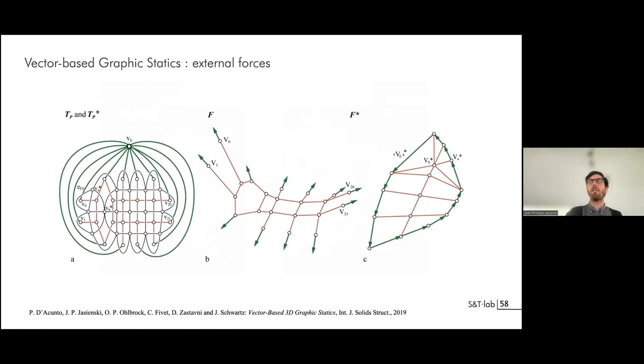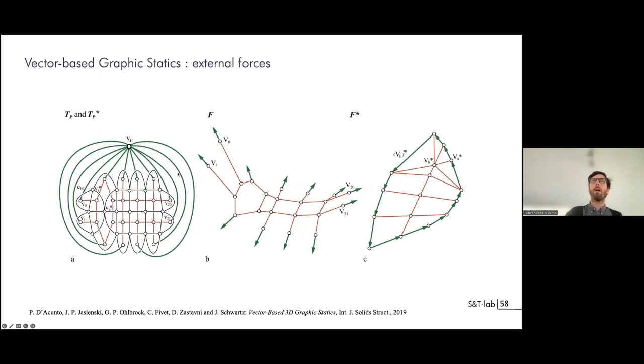This example, I placed it just to explain how it works with external forces. When you have external forces, you can see that this is a net made of traction cables, okay, in tension, all of them, and with all the green external forces.